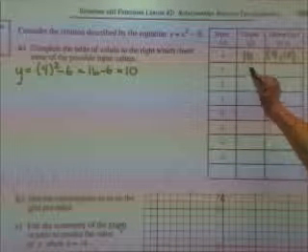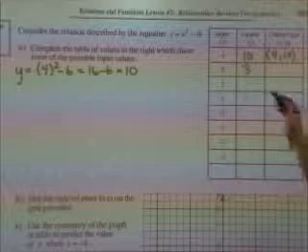Looking at the front differently. Side. If I have an input of 3, what would my output be? 3, because I'd have 9 minus 6. So my ordered pair is 3 and 3. Input of 2, negative 2, 4 minus 6.